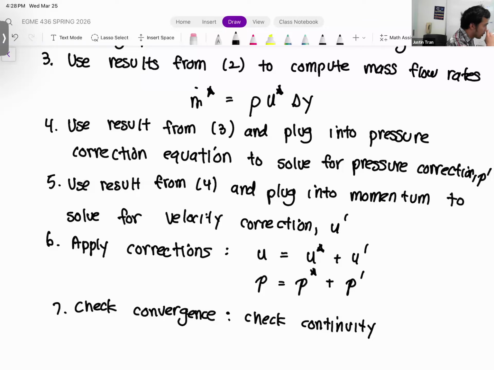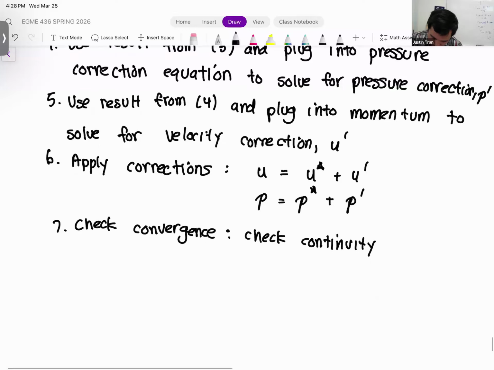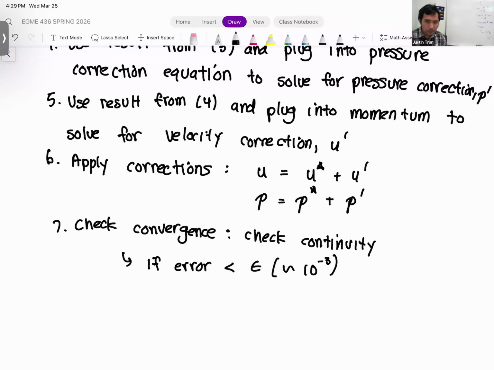Usually there's some threshold. When you're writing computational code, it's very hard to get something that matches 0 exactly. So you compute continuity, and if the error is less than some small number, usually around 10 to the minus 3, then we say we've sufficiently converged.